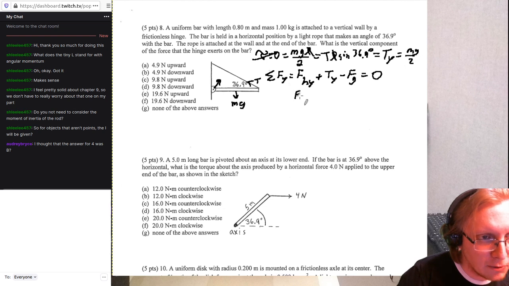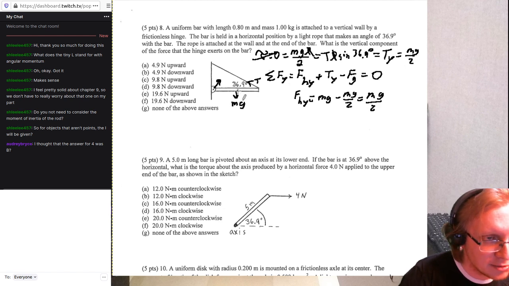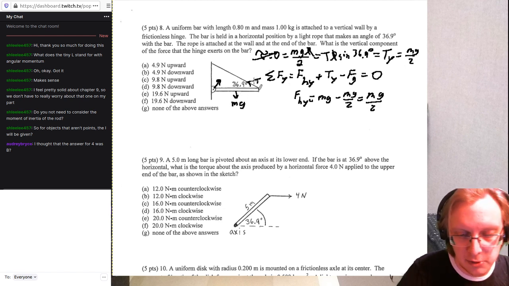So now I need the force H in the y direction, and that is equal to mg going down, mg half going up, which means that my force of the hinge in the y direction is just mg half. So it's basically carrying the other half of this rod that the tension isn't also producing.